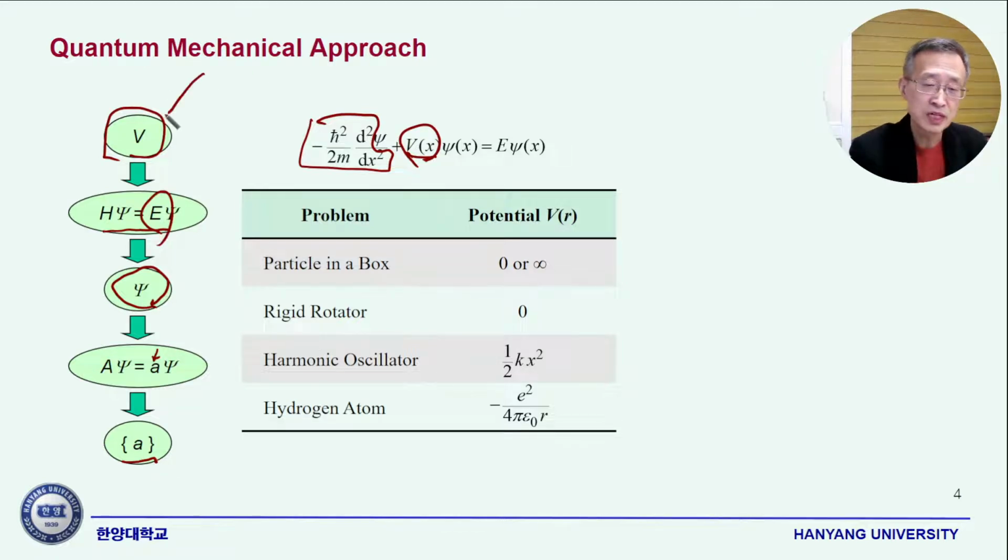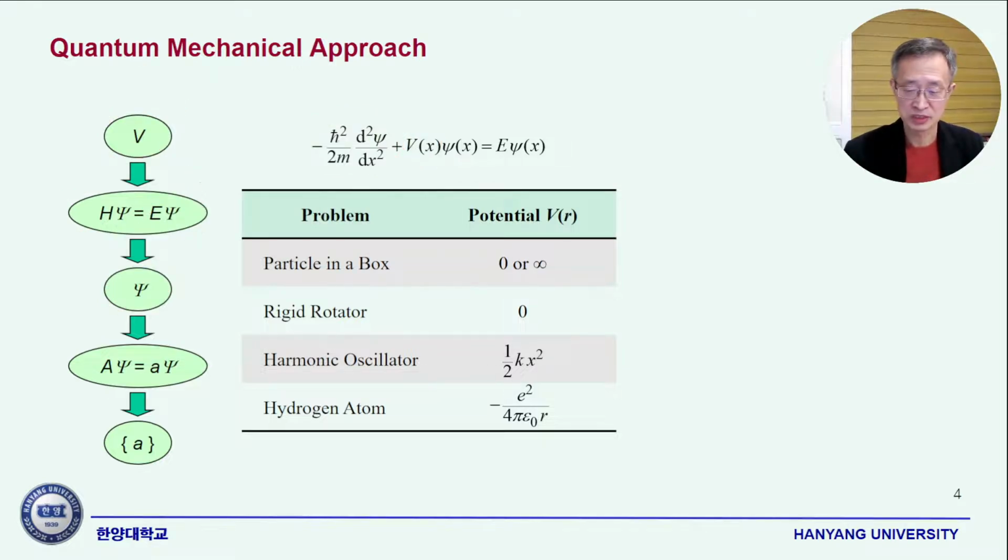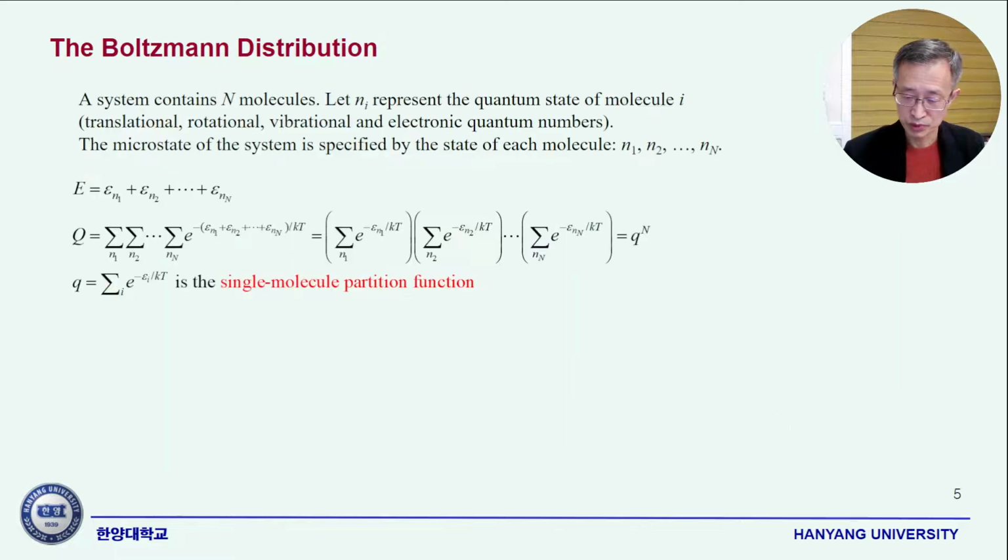So given the potential, we solve the Schrödinger equation, obtain the wave function, which is the state function, and then the energy. Given the molecular energy, we sum up to get the partition function, and then we obtain thermodynamic state functions. So that's how it works. I just briefly described how it works.